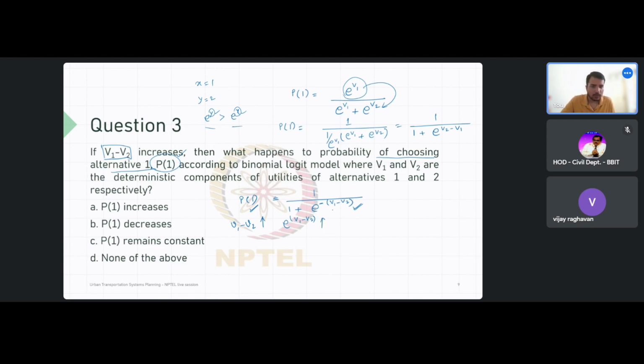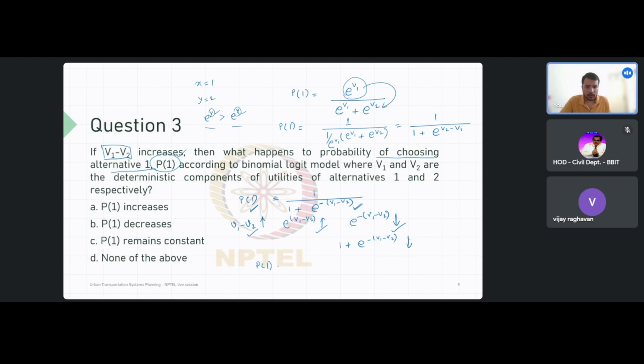But here we have the opposite of this, e to the power minus of V1 minus V2. So this will reduce. V1 minus V2 will increase, e to the power V1 minus V2 will increase, and the reciprocal of this will reduce. So 1 plus e to the power minus (V1 minus V2) is reducing, and this overall term will also reduce.